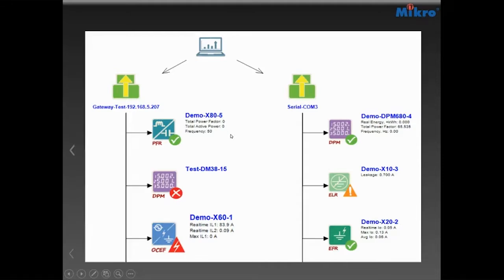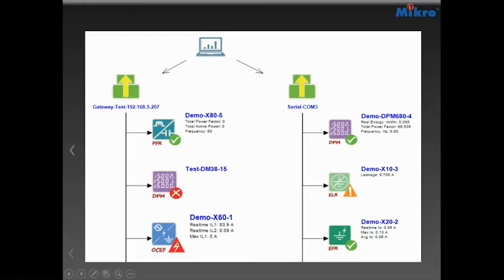At one glance, you will know which devices are connected and which devices have a connection fault. Like you see here, the red color cross means the connection is faulty, maybe with a wiring issue or something that you need to check.